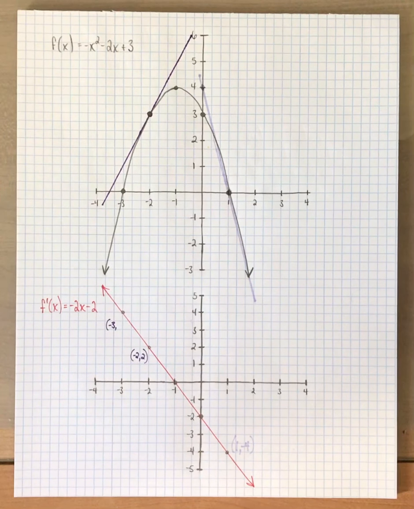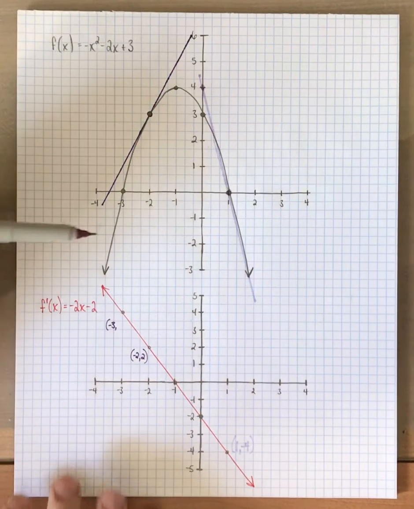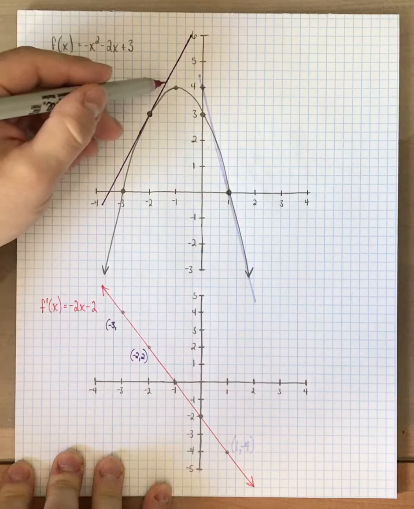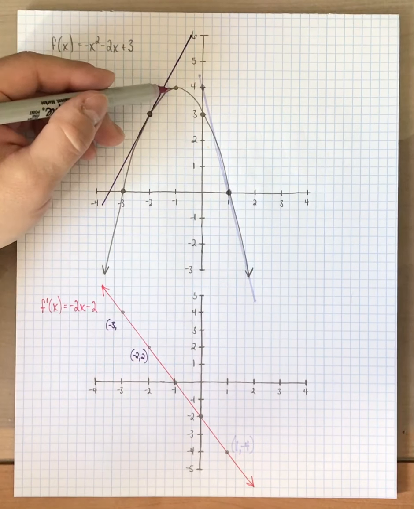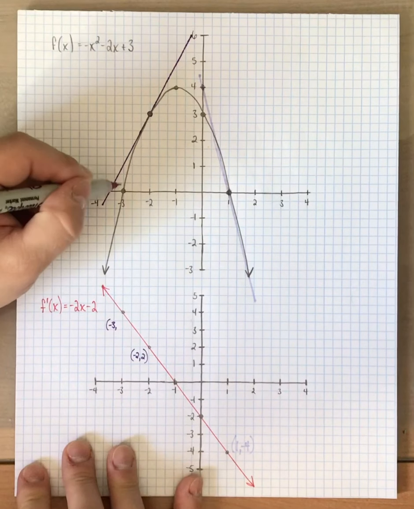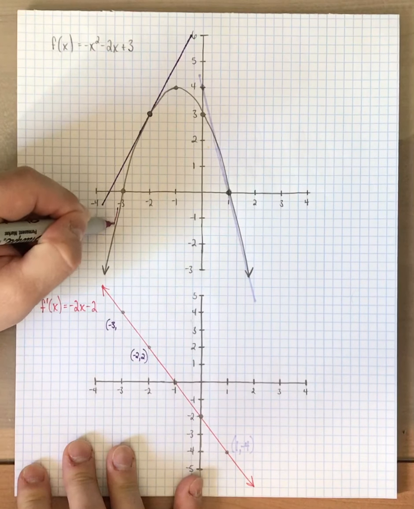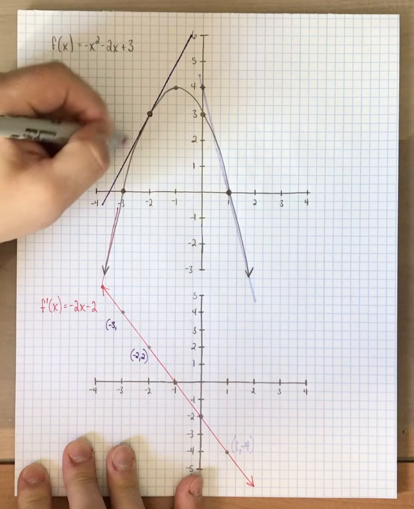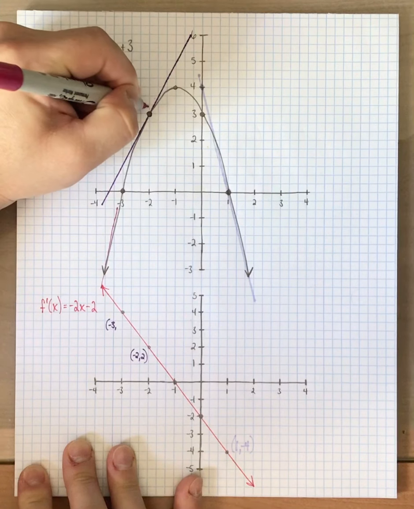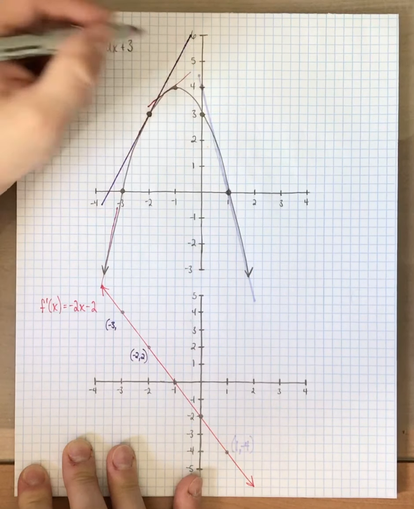Now, a few things I do want to point out. If we were to draw a tangent line to this parabola, anywhere at any x value up to the vertex at -1, the tangent line would have a positive slope, as evidenced here, or even a little bit closer in.